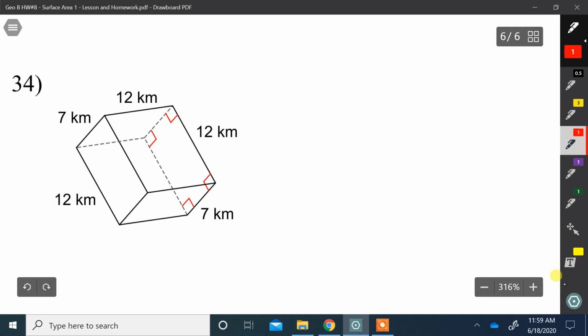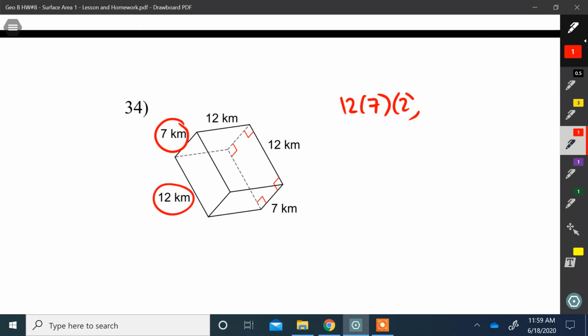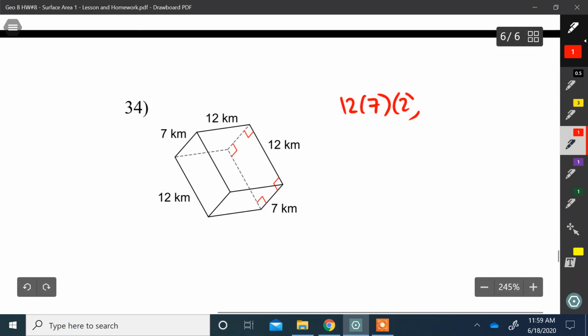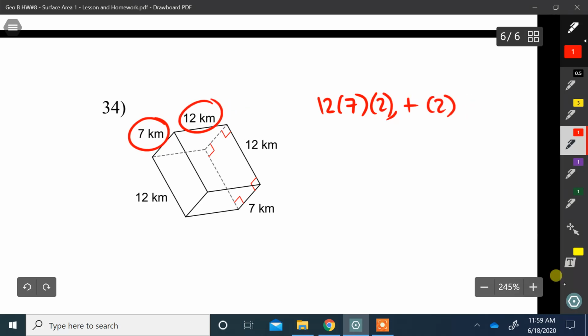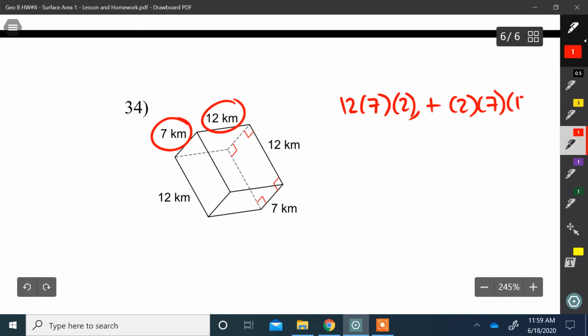Once again, guys, I see 12 times 7 times 2 because I have 2 of those. And then I have 7 times 12. Let me add the other one here.